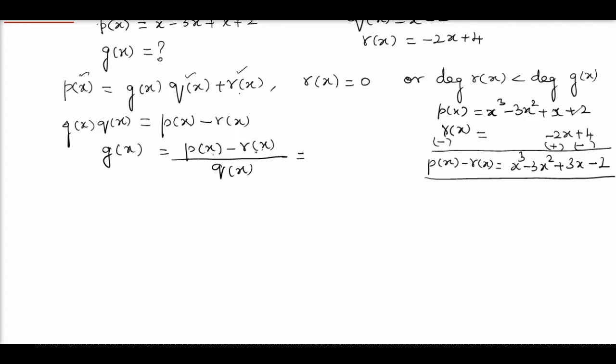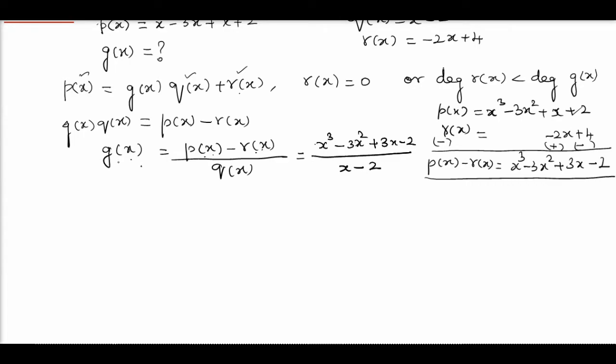Therefore, when I substitute in this relation, I get g of x equal to x cube minus 3x square plus 3x minus 2 divided by q of x, which here is x minus 2.